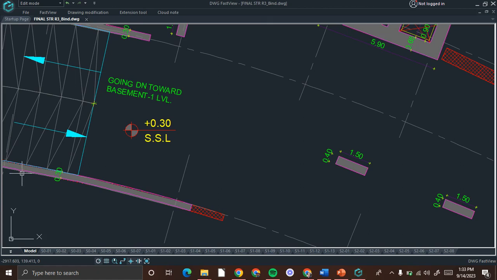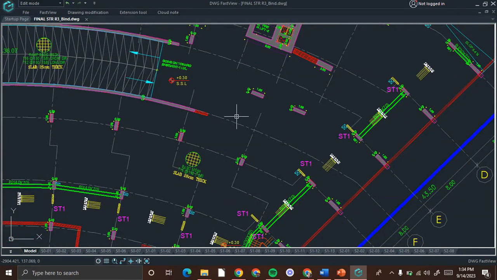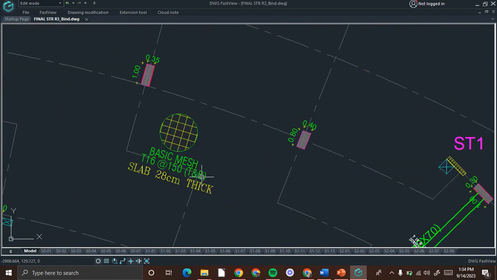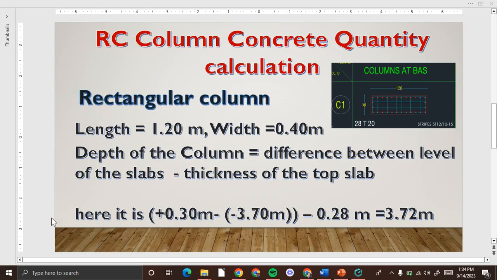Depth of the column can be calculated by taking the difference between the level of these two slabs and deducting the thickness of the slab from the height of the column. Here the slab thickness is 28 centimeters. This thickness we have to deduct from the depth of the column.